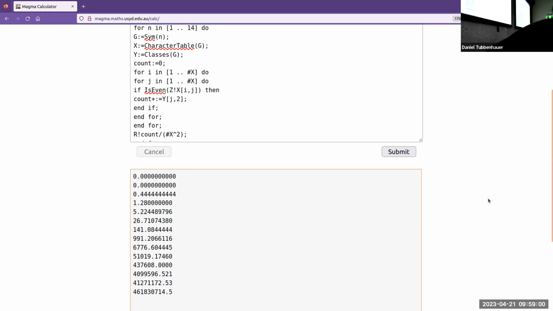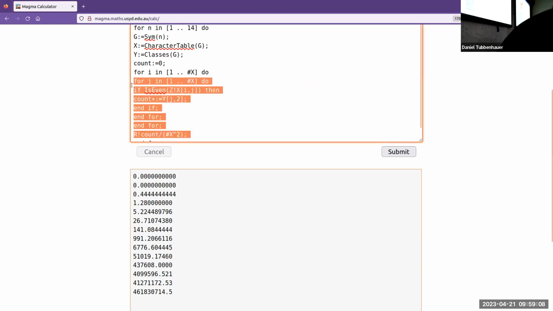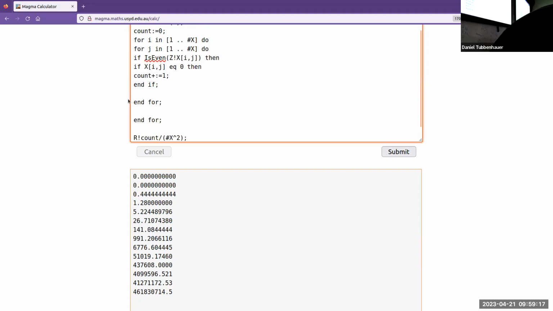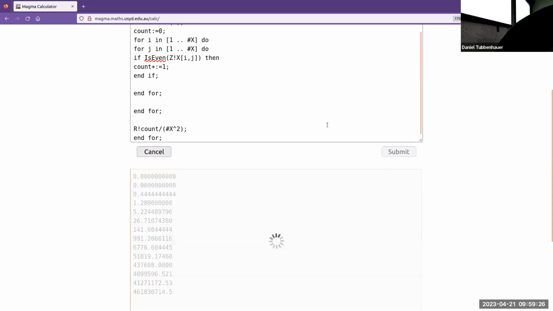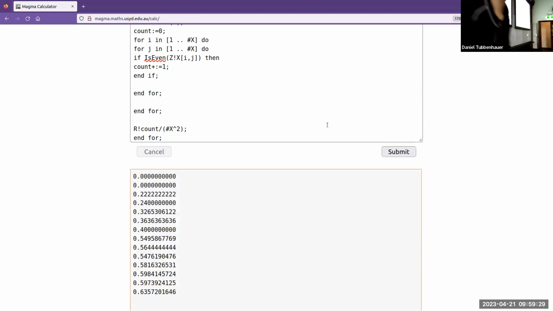Come on. There's an error here. Try again. Right, now I don't know the answer. The probability of an entry of the matrix itself.